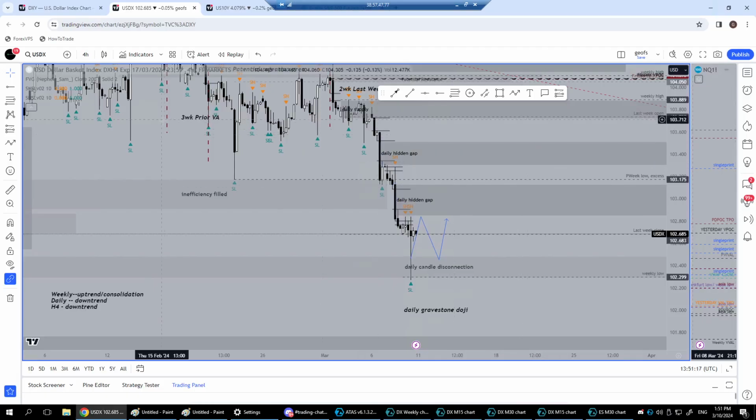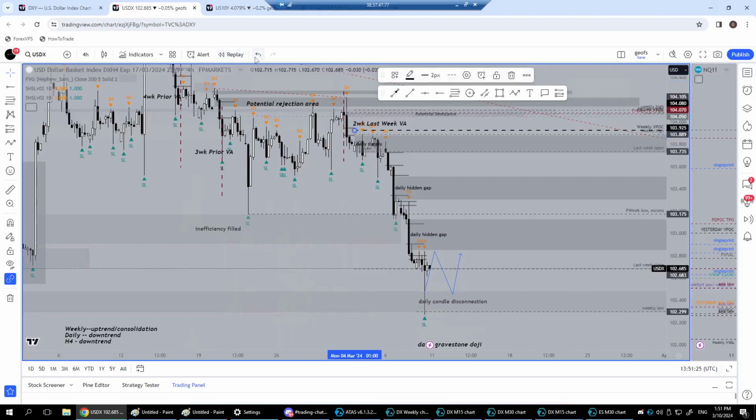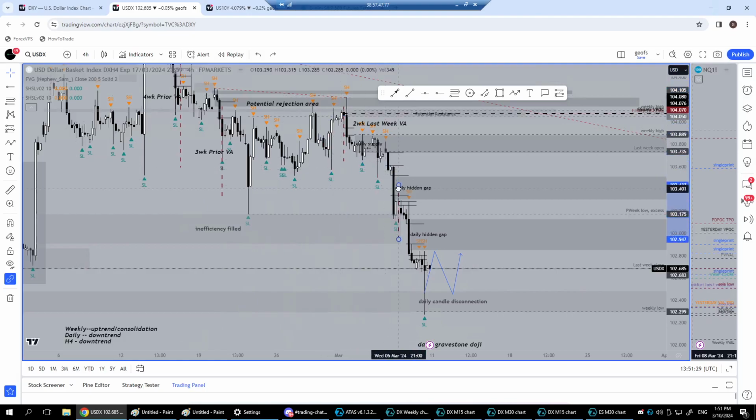So what I'm gonna do is just mark the value area from last week with a red line. However you want to do it, it's up to you. So it's 103,670.